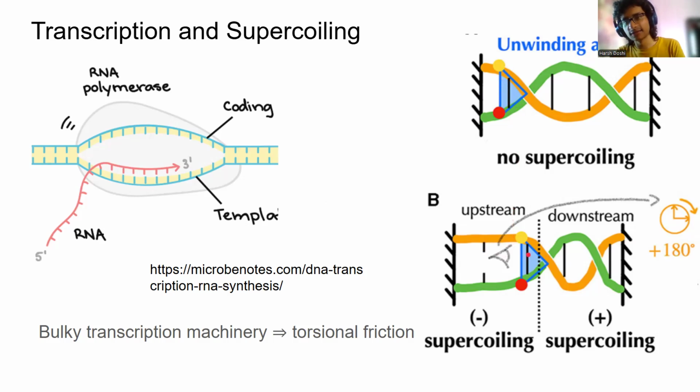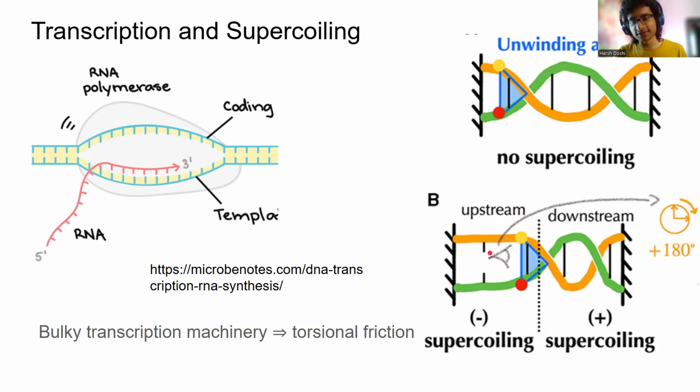And as a result, the two strands that it splits in its upstream region stay in this planar conformation, like this, in their underwound state.